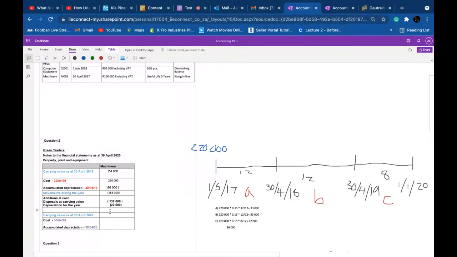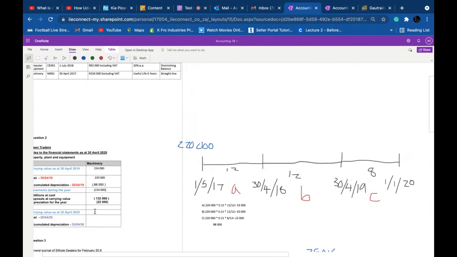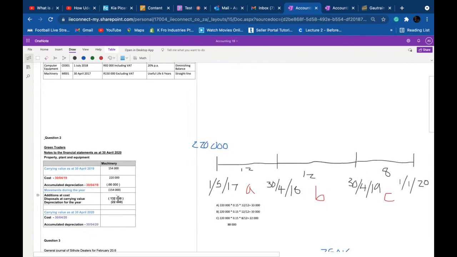To get the carrying value as at 30 April 2020, we're basically saying 154,000 plus a negative 154,000, which obviously is going to give you 0.